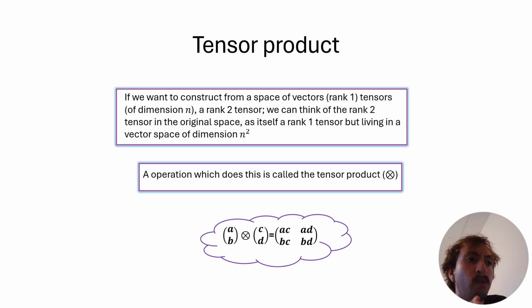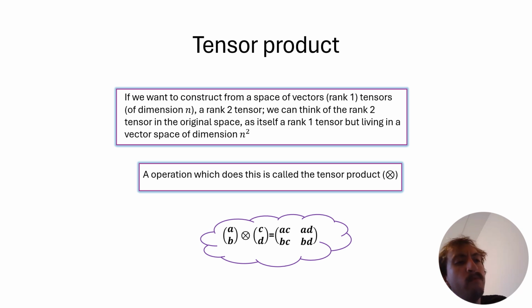The key takeaway is the direct product returns a vector space which has a dimension equal to the sum of the dimensions of the sub-vector spaces, whereas our tensor product returns a vector space whose dimension is equal to the product of the dimensions of the sub-vector spaces.